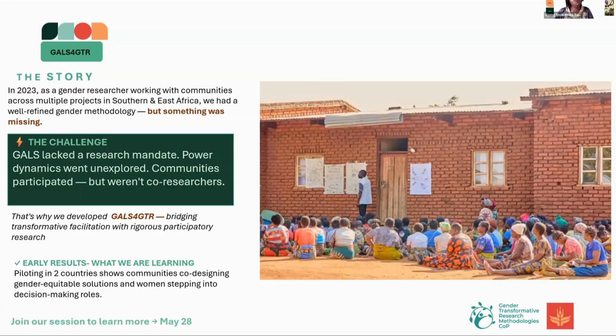And in some cases, we do have women stepping into decision-making roles. I wouldn't want to let the cat out of the bag, but just to say we've taken a rigorous and robust approach in strengthening this tool. If you want to know more about GALS and how it can be applied and replicated across regions, please do join us on the 28th of May to know more about GALS and how you can best tailor this to your work. Thanks so much, Owen.